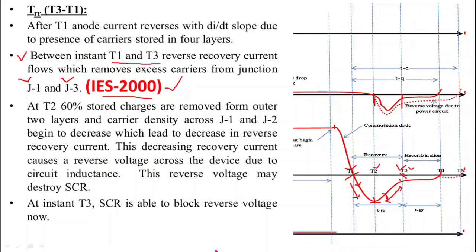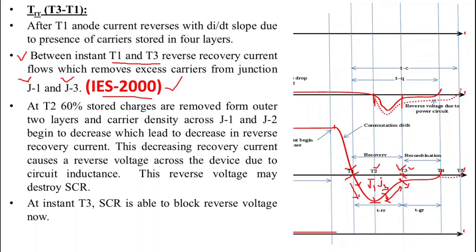Now at instant T3, the reverse recovery current falls to nearly zero. Here we can see that at instant T3, this reverse recovery current is nearly zero, and junctions J1 and J3 recover.